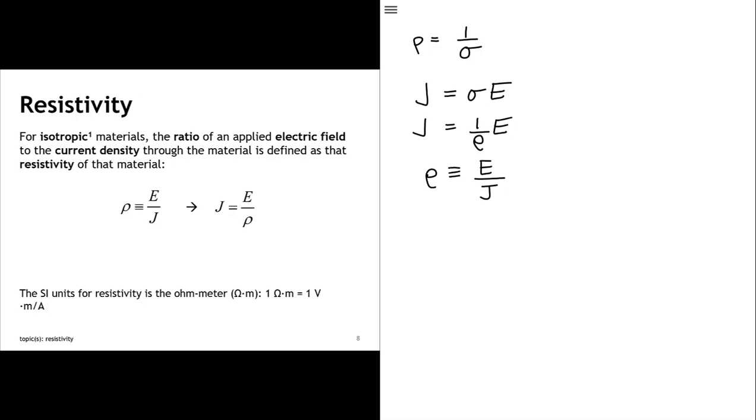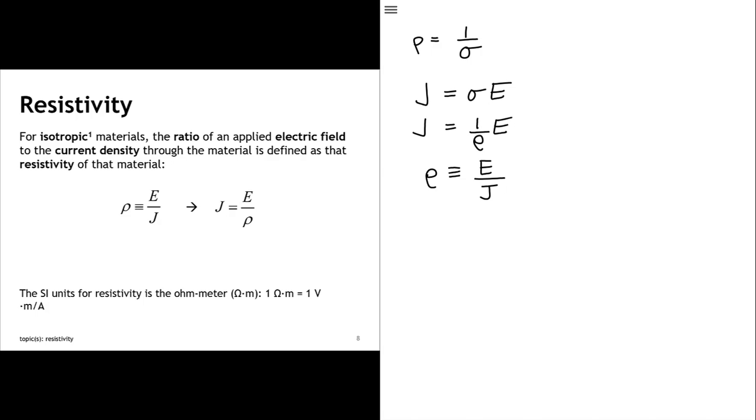So if we interpret this, for us to maintain a particular current density, if we have a large resistivity, we're going to need a large electric field to overcome it. Whereas if we have a small resistivity, then we don't need quite as large an electric field to maintain that given current density.